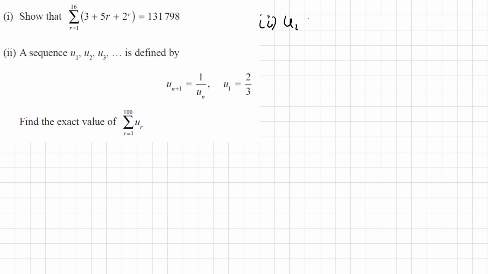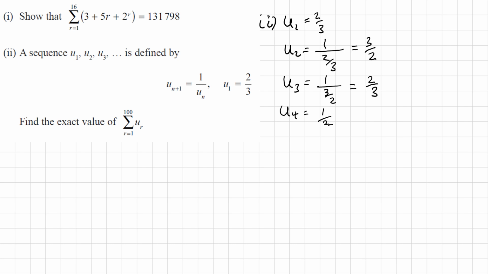So u1 has been given, that's 2/3. Now we're going to work out u2. Using the recurrence relation, u2 is going to be 1 over the previous term, which is 2/3, so that gives me the next term as 3 over 2. u3 is 1 over the previous term, which is 3 over 2, and that gives 2/3. So you can probably see what's happening. I'll just do one more. u4, 1 over the previous term, 2/3, and you end up with 3 over 2.